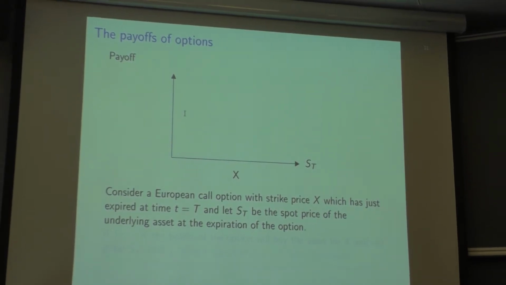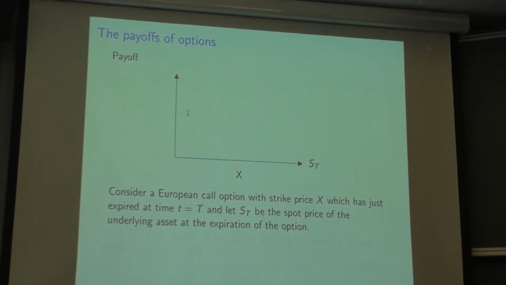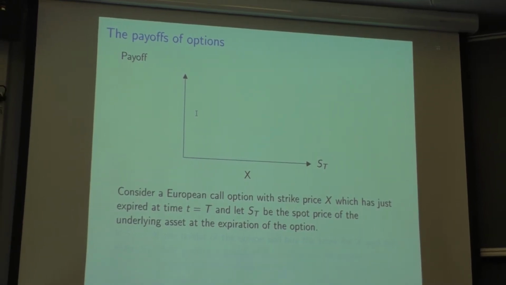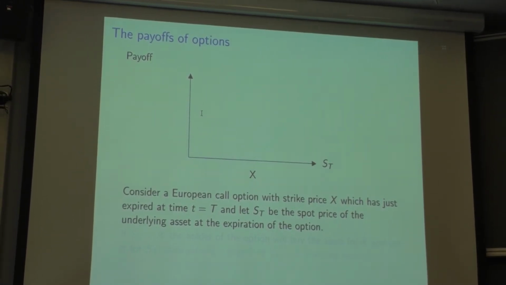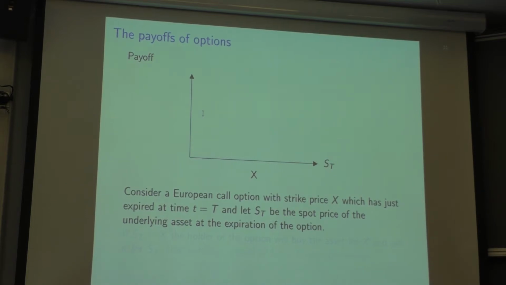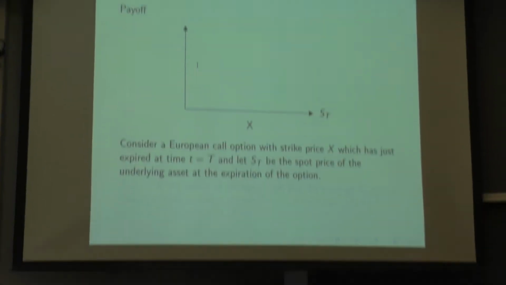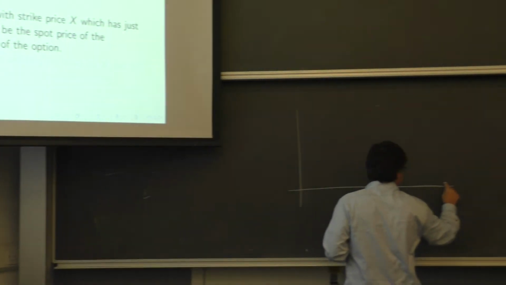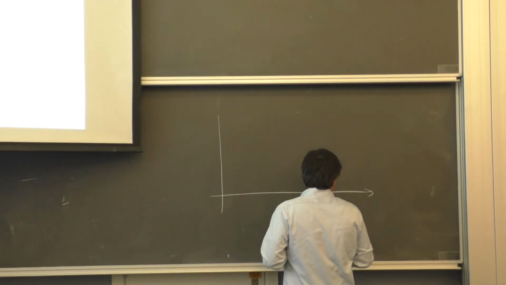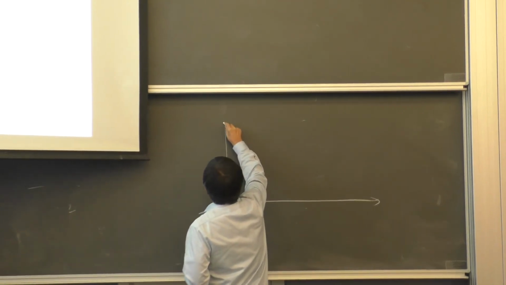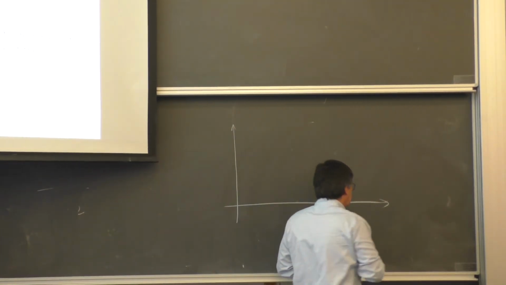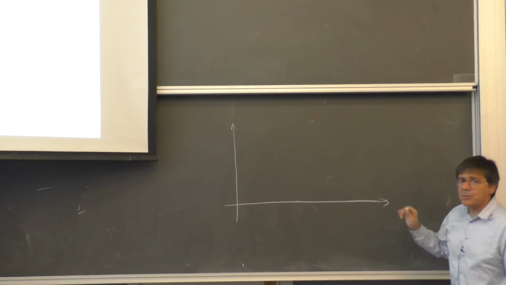And let's start with European call options. Let's start with the European call option on something or another with strike price X. And let's suppose that we just arrived at expiration time. So I'm going to draw a picture of something that lives in 2 dimensions.